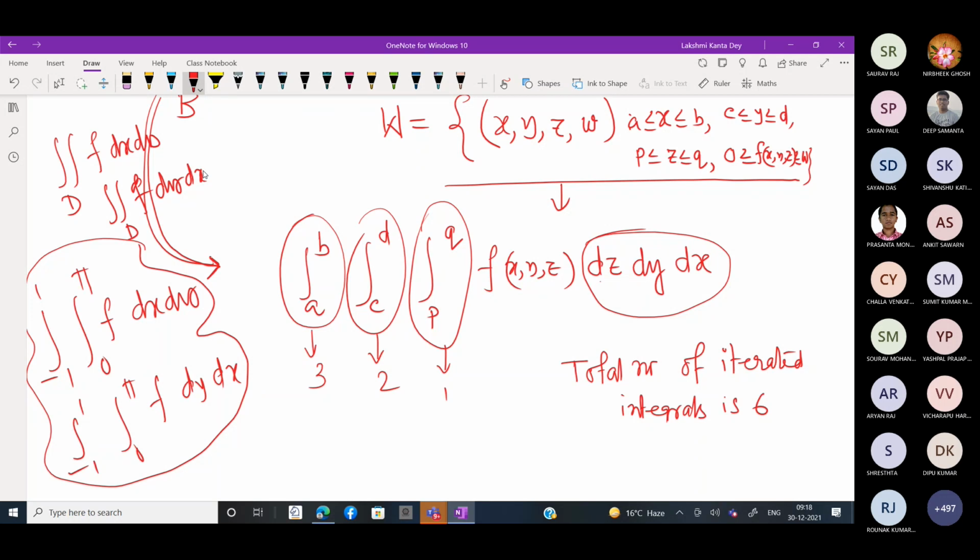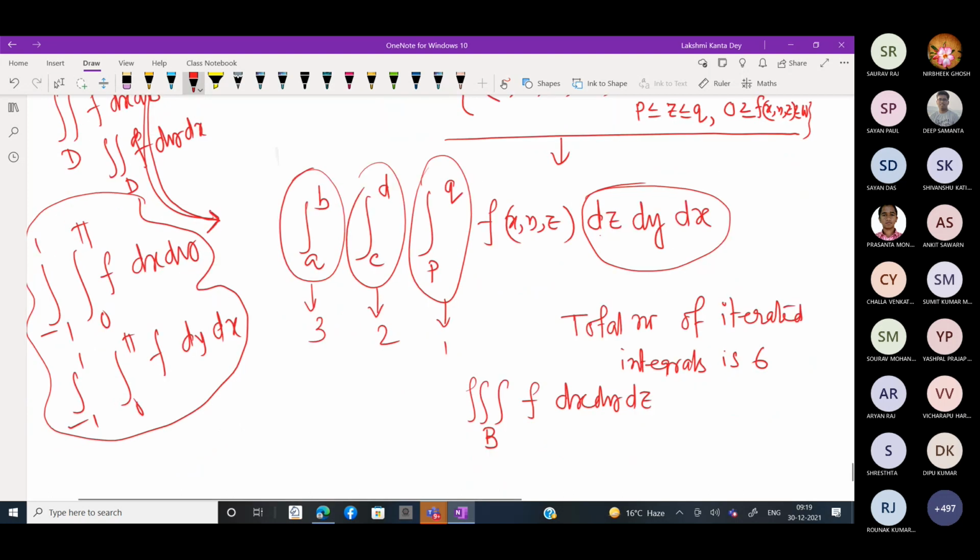Once you write in terms of triple integration over box B, you can write dx dy dz or dz dy dx, no problem. But once we write in terms of iterated integrals, we have to be careful regarding the order of dx, dy, and dz, because from this order we have to understand where each variable varies.